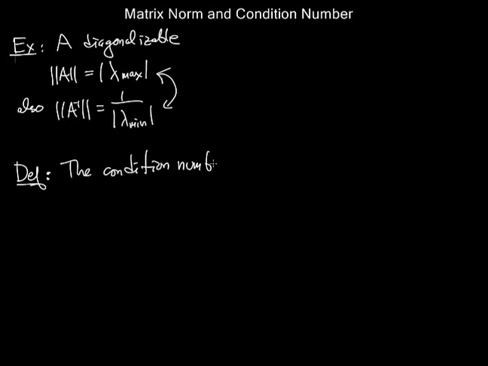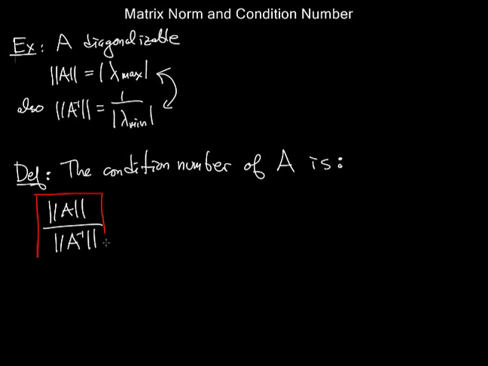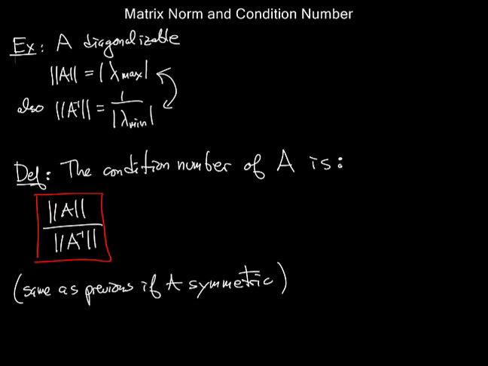That leads to the following definition. The condition number of an arbitrary matrix A is the norm of A times the norm of A inverse. And one of the points is that if the matrix is symmetric, or even just diagonalizable, this agrees with the previous condition, lambda max over lambda min.